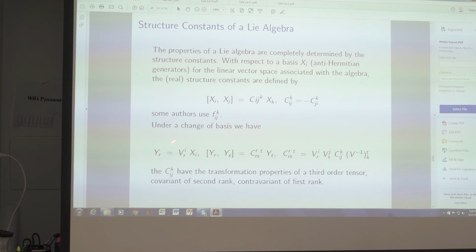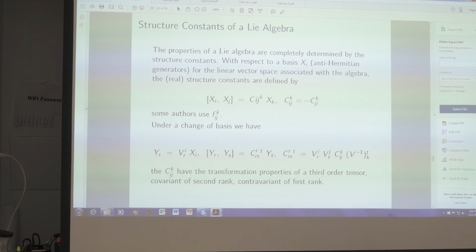If you perform a change of basis, the new structure constants are given in terms of the old ones by this transformation matrix. I have 3 indices here, so I'm going to have 3 matrices. Two of them are covariant indices, one is contravariant. So when you perform a coordinate transformation, these 2 matrices contract the lower indices, and the inverse of the matrix contracts the upper index.